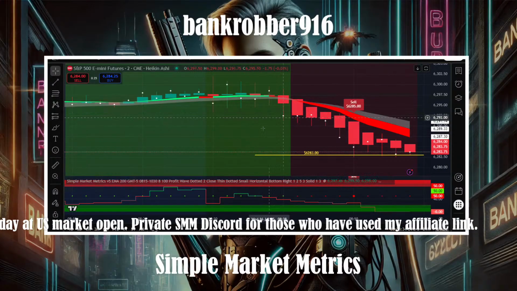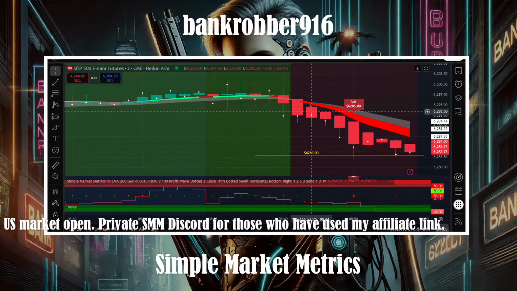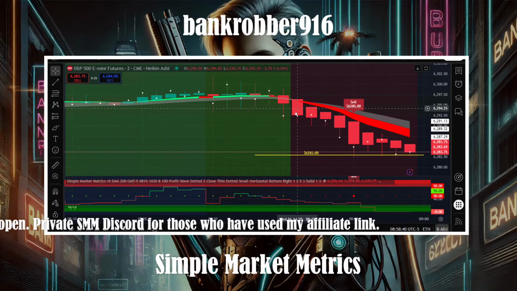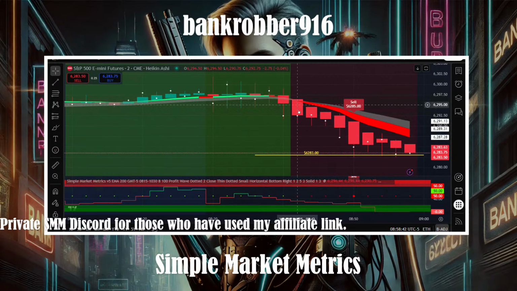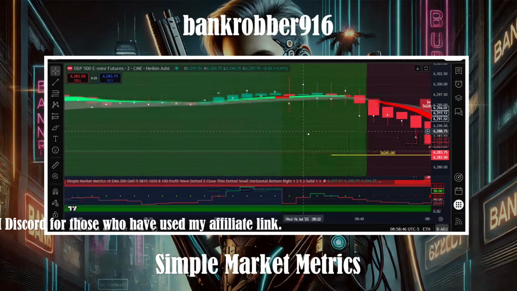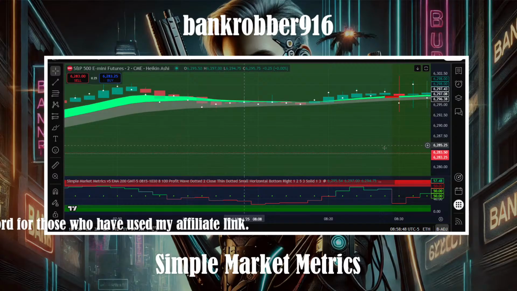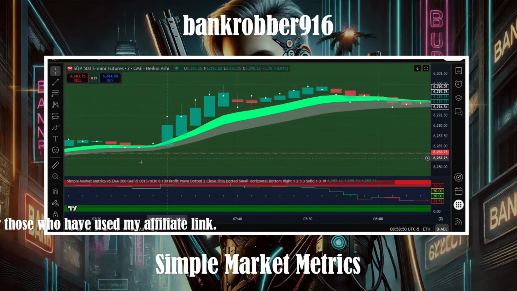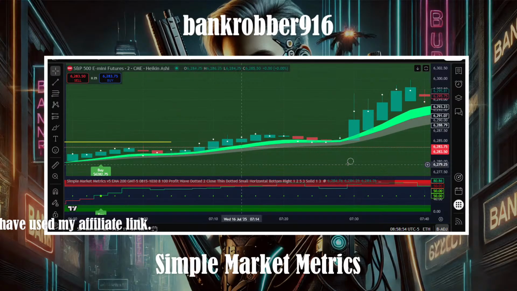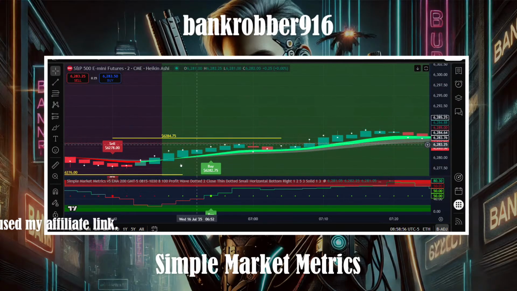So for the other trade setup, looking for this red leading the way. Right here, it just crossed over. Like this. This is crossing over right here. But this one, definitely leading the way.